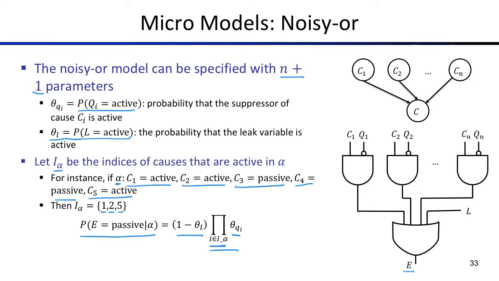So I'm going to look for the causes, in this case 1, 2, and 5. So these are the ones that might activate my output E. So it's going to be 1, 2, and let's suppose this one is 5. And I needed that to be suppressed. So I needed this one here, and this one here to be active. So we have these probabilities here, and I will multiply them.